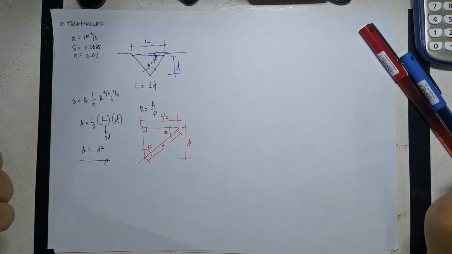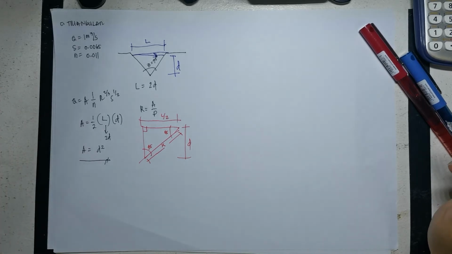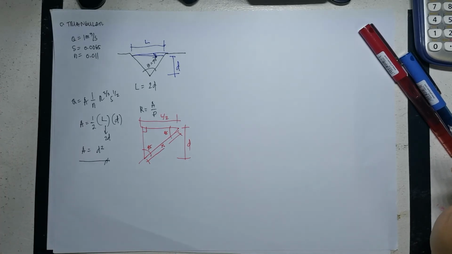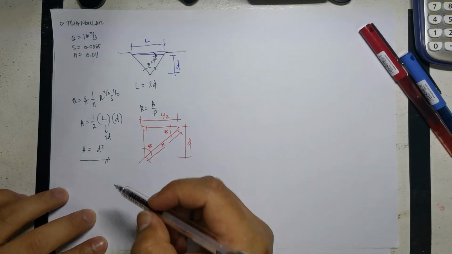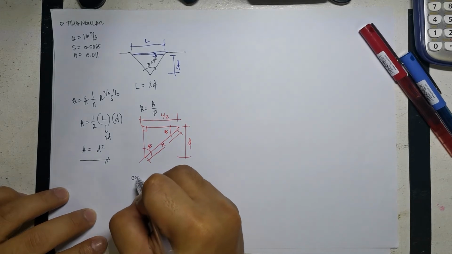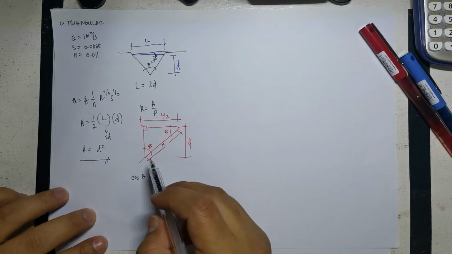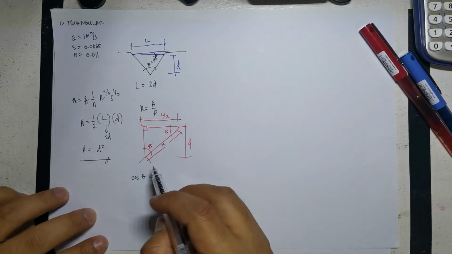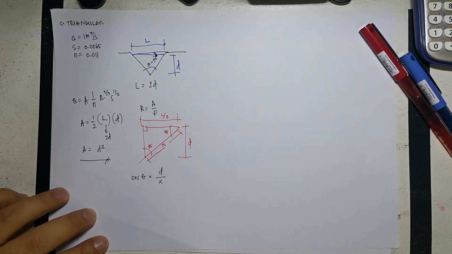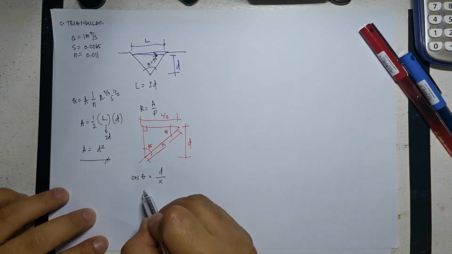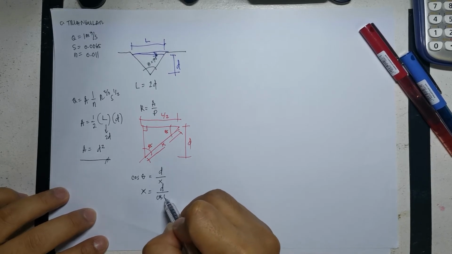So, paano natin yung isa-solve ngayon? Kung meron tayong D, pwede tayong gumamit ng cosine function, pwede tayong gumamit ng sine function. Pero mas madali kung gagamit tayo ng cosine function, kasi adjacent na kagad, diretso tayo kay D. So, cosine theta is equal to adjacent side, which is D, over hypotenuse, which is X. So, X is equal to D over cosine theta.